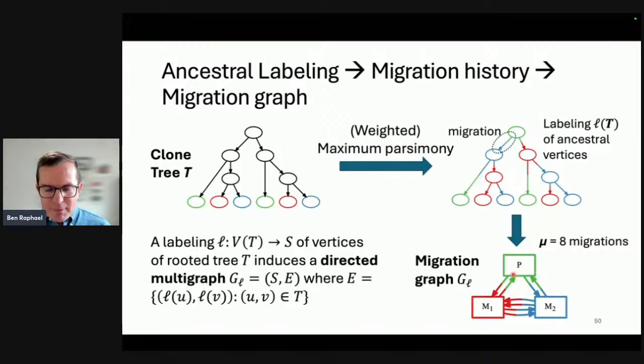And so these migration graphs give us a language for describing all this terminology about whether a metastasis was a result of a single event, multiple events, whether cells left and returned to the primary tumor, reseeding.